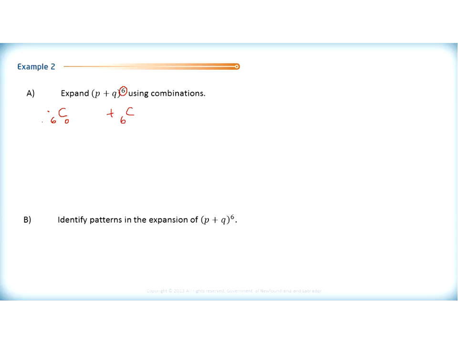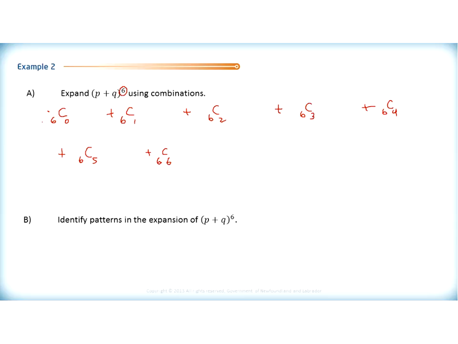My next coefficient is 6 choose 1. My next is 6 choose 2. My next is 6 choose 3, and so on, right on up to the C of 6 choose 6. Oops, I should get a little more room here. And the final one there is the C of 6 choose 6.